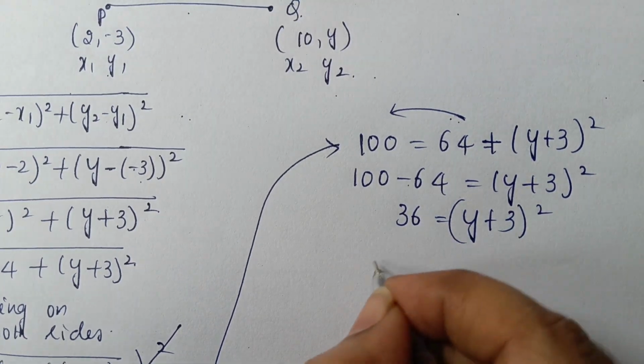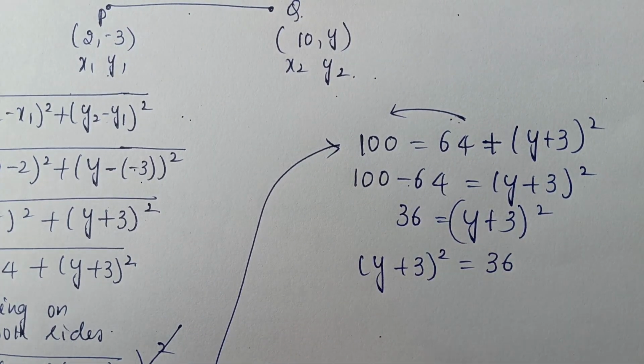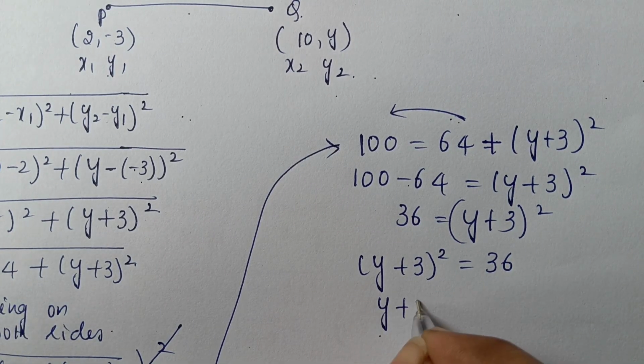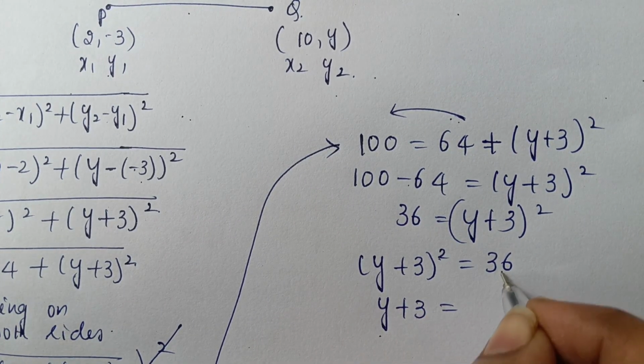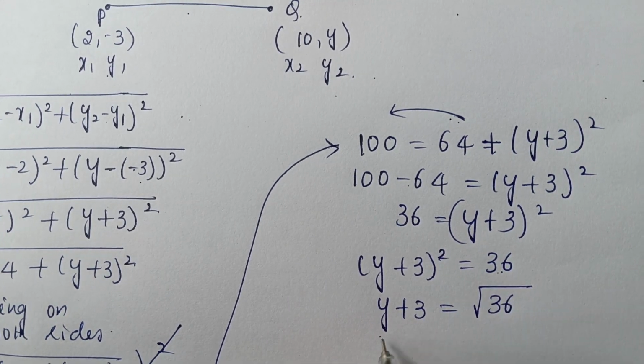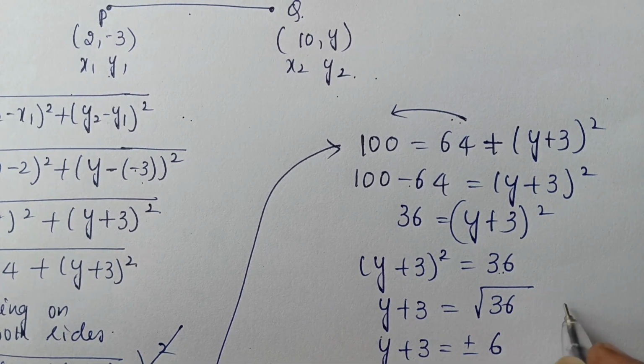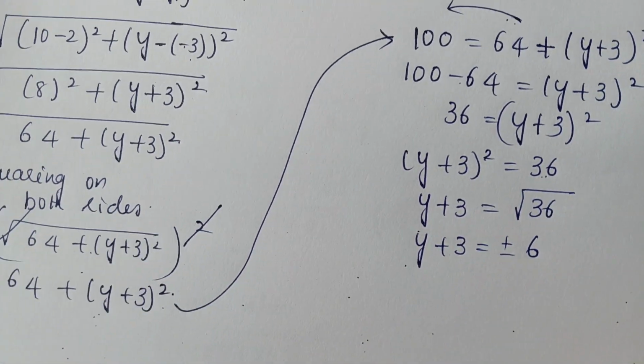This can also be written in this way: y plus 3 whole square is equal to 36. Now y plus 3, this square becomes square root of this. Then y plus 3 is equal to plus or minus 6. Square root of 36 is 6.